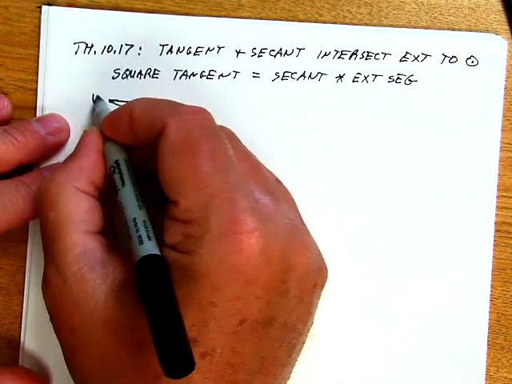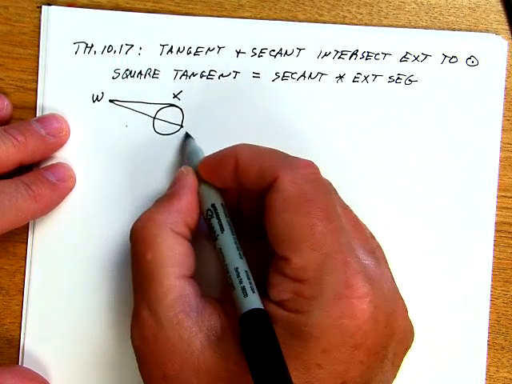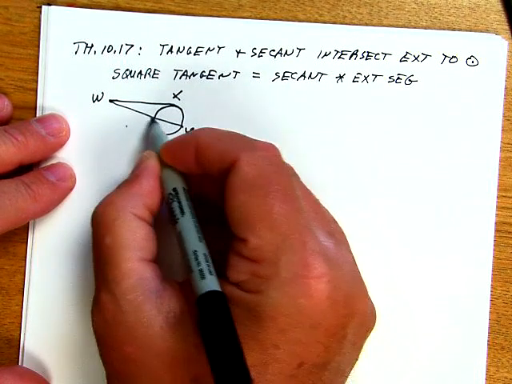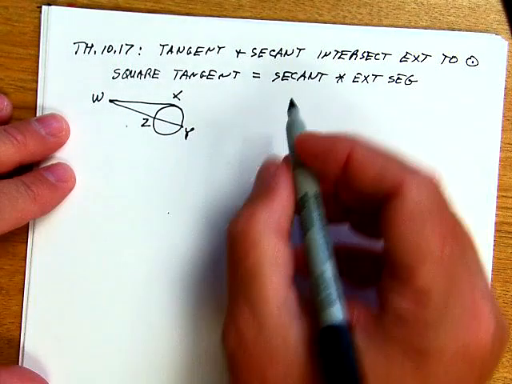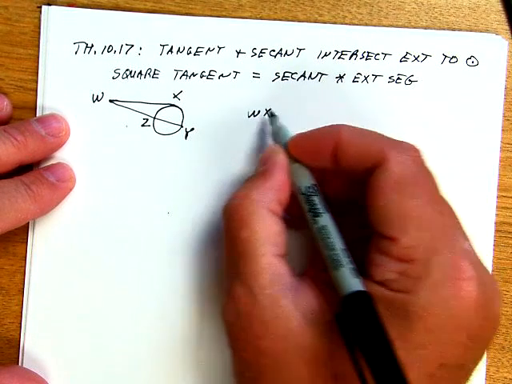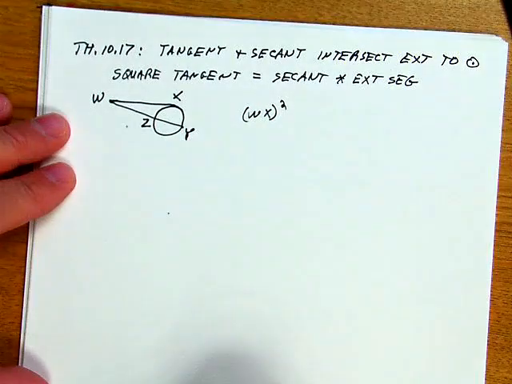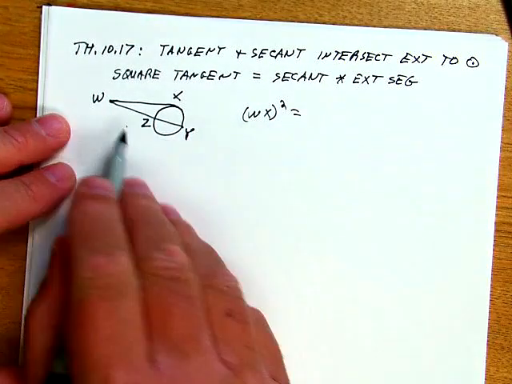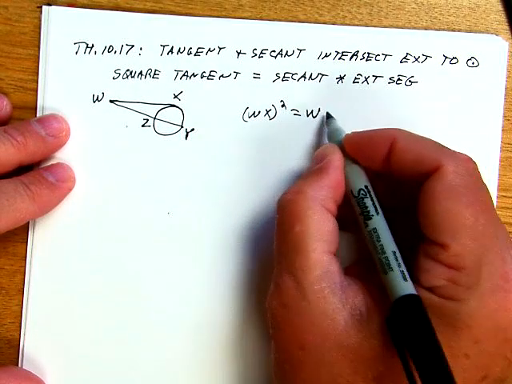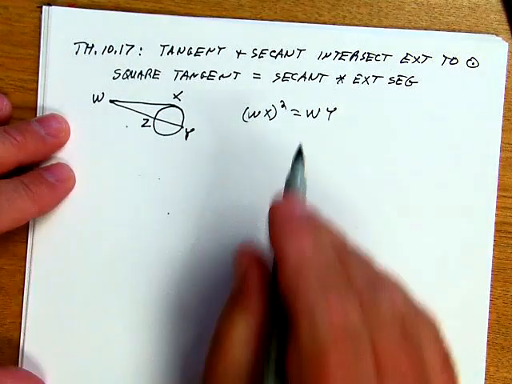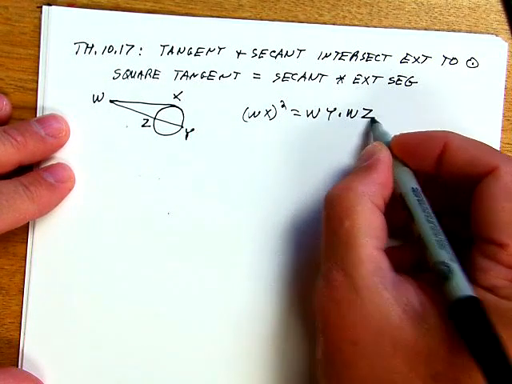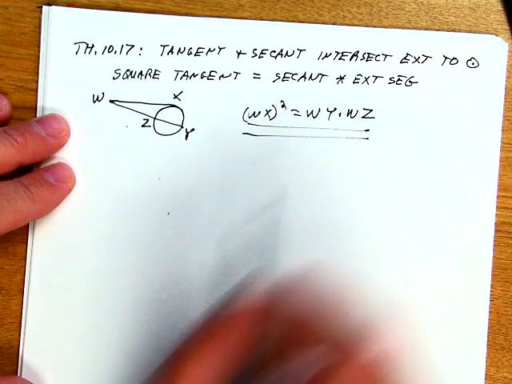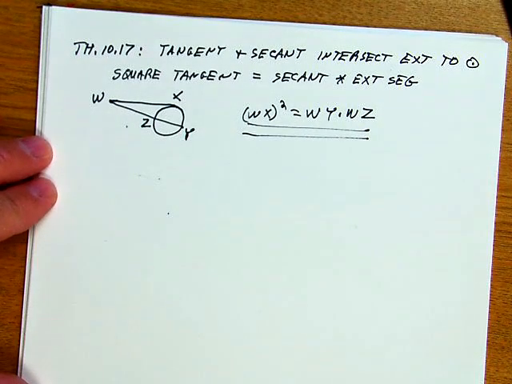Okay, and let's say W, X, Y, and Z. So my tangent is WX squared is equal to my secant, which is WY, times the external segment of my secant, WZ. And that is that theorem.